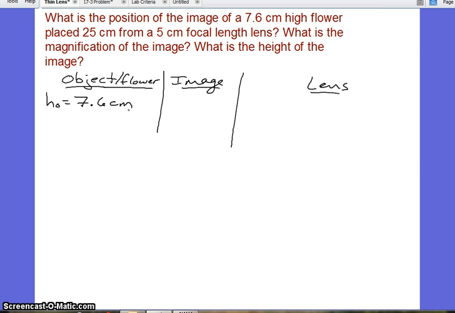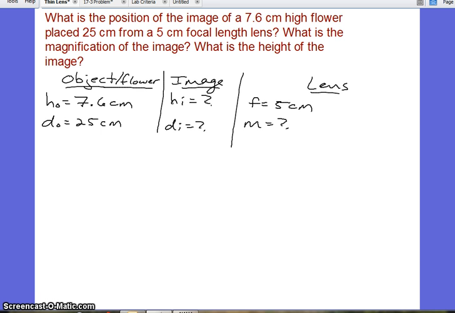And it says that the flower is placed a distance of 25 centimeters from the lens. The focal length is 5 centimeters. We need to find out the magnification, the image distance, and the height of the image as well.